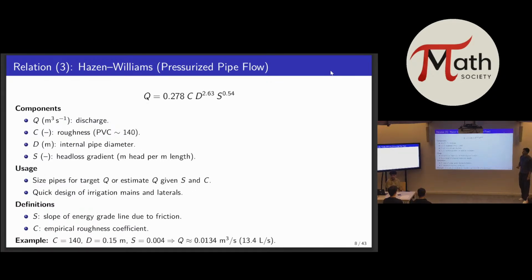Of course, water is a key element in our work, and we have to keep a flow ongoing. For that, the Hazen-Williams relation comes in, where we define Q as the discharge, C as roughness, D as the internal pipe diameter, and S as the head loss gradient. Basically, we are using this formula for a quick design of the material and the pipes, so that we have enough water supply and neither an overflow nor a shortage.